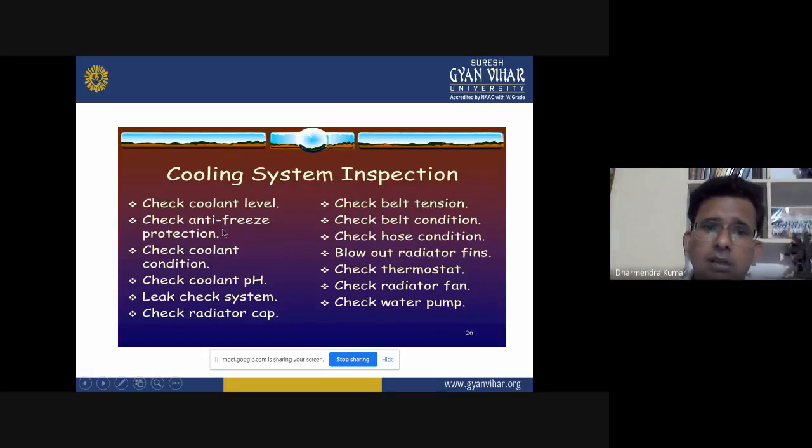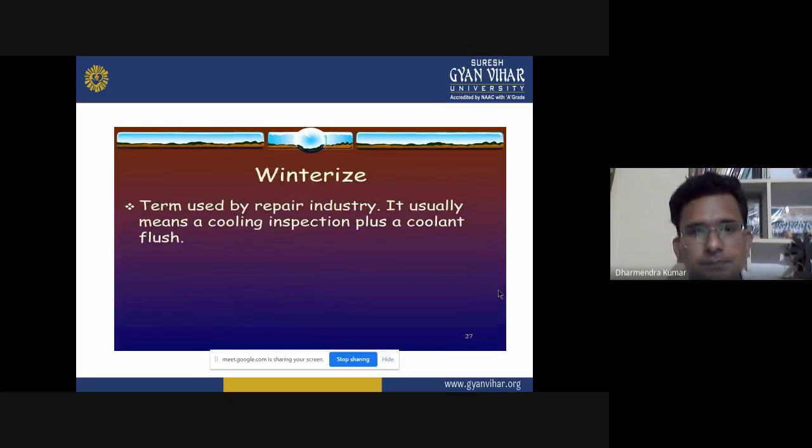Check coolant level, check antifreeze protection, check coolant condition, check coolant pH, leak check the system, check radiator cap, check belt tension, check belt condition, check hose condition, blow out radiator fans, check thermostat, check radiator fans, and check water pump. This means that if we inspect the cooling system, then we have to check each and every component associated with the water cooling system.